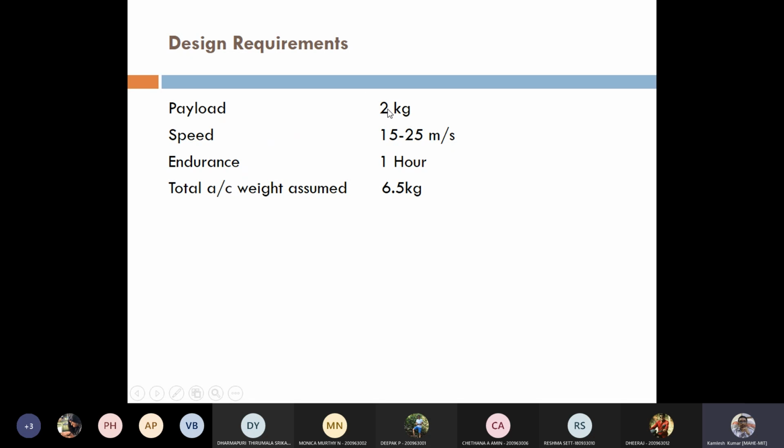So 2 kg payload. You cannot achieve a design with 2 kg payload for maybe a 4 kg or 5 kg maximum takeoff weight type of aircraft. You should have at least a minimum of 7 kg maximum takeoff weight, then only can you come up with the 2 kg. But you have to compromise on the endurance. That is also important.